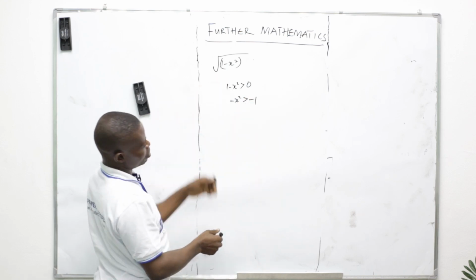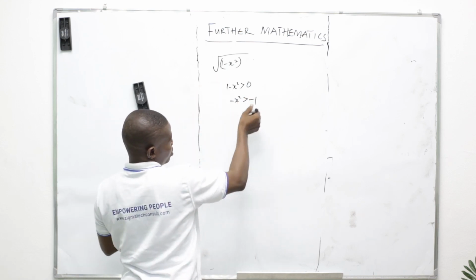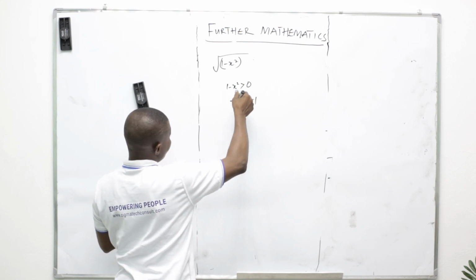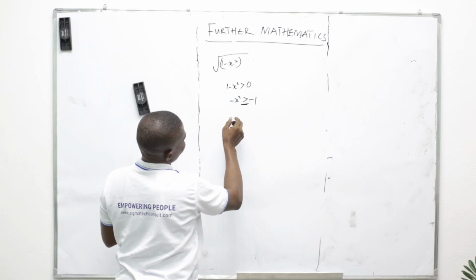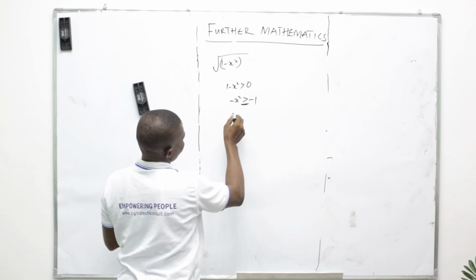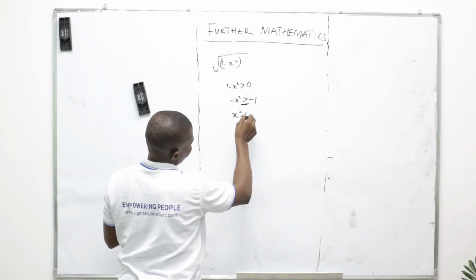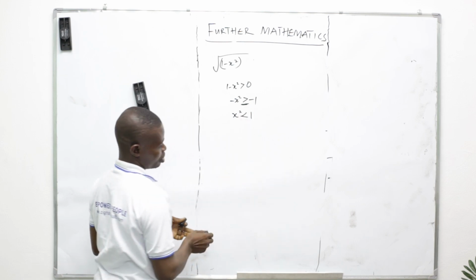Now we have this. This sign will absolutely affect the symbol by saying that x squared is less than who? 1, okay?